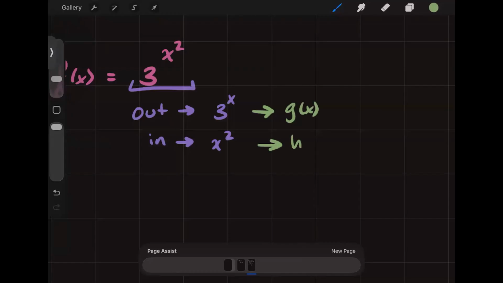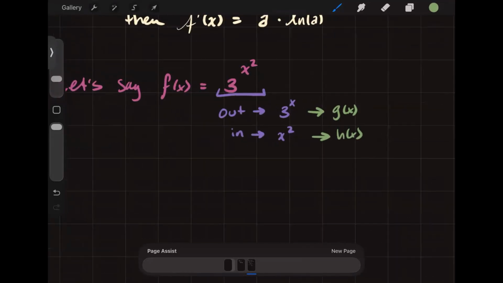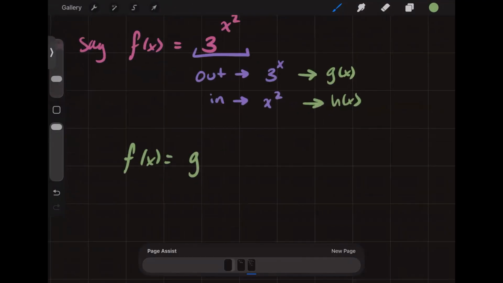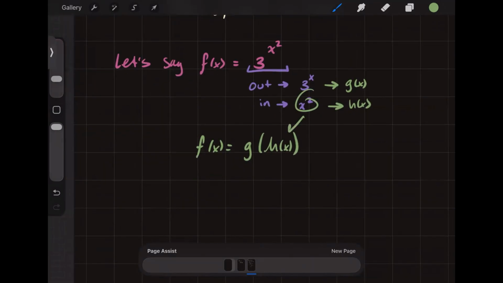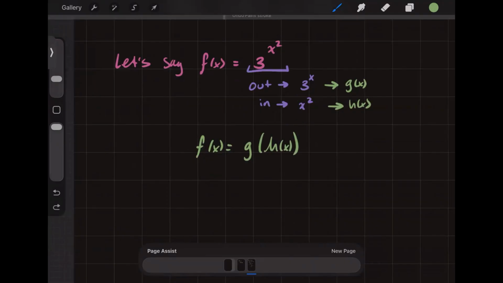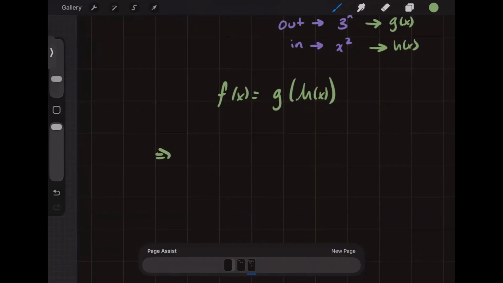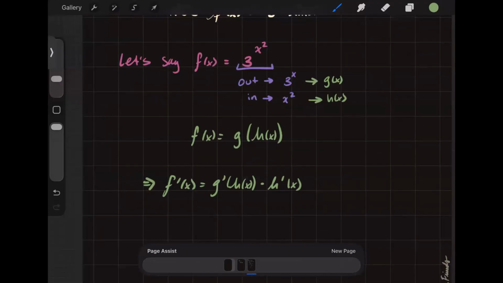And the h of x, which means f of x is equal to g of x composed with h of x, like that, right? But that means you know that f prime of x, because it's a chain rule, is going to be g prime of h of x times h prime of x, right?